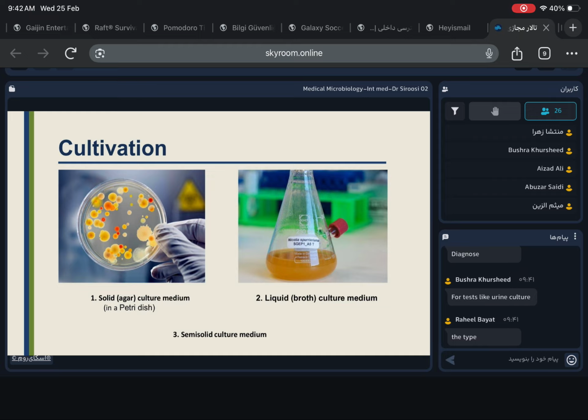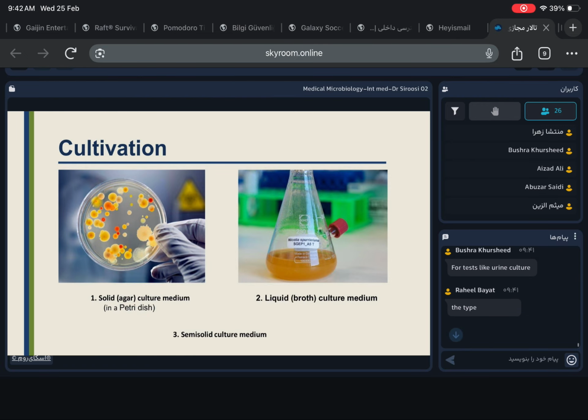And the medication that they are going to prescribe for their patients is related to the type of the infectious agent. So it's really important to identify the infectious agent. And for this purpose, first of all, you need to take the specimen from the infectious site, the site that you think the infectious agent is present in. You take the specimen from that site and send it to the microbiology laboratory. The workers in the laboratory are able to cultivate the infectious agent.